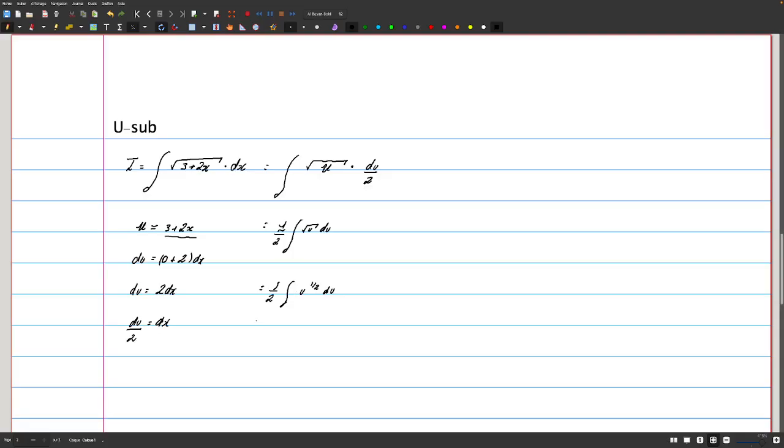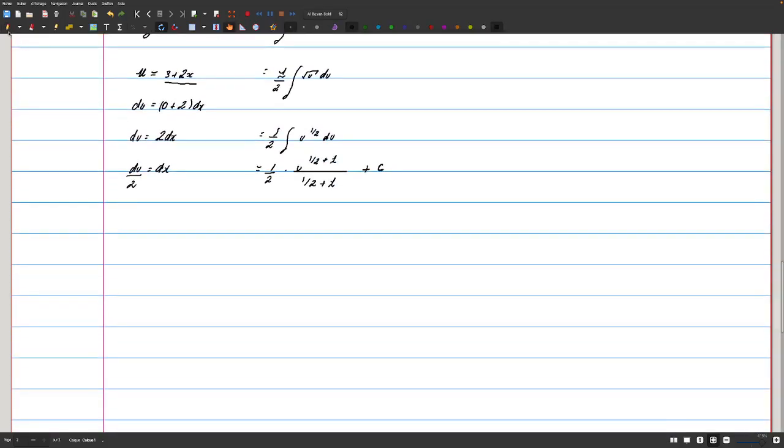So the power rule: we'll just use 1 over 2 times u to the 1 over 2 plus 1, over 1 over 2 plus 1, plus c, because it's the constant of integration. This is important to write after using any indefinite integral.